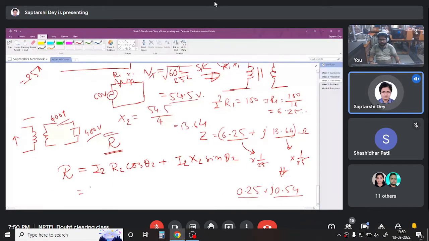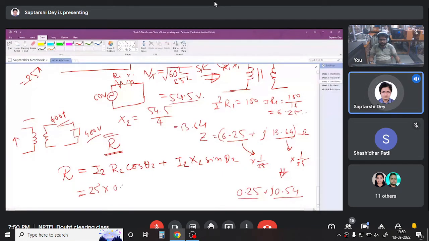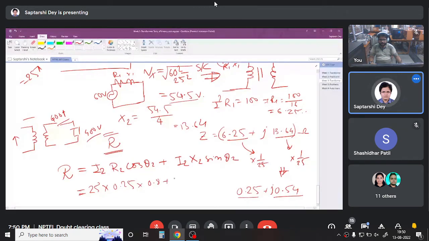So we have regulation of how much? 25 times 0.25 times 0.8 plus 25 times 0.54 times 0.6, which comes out to be 13.1 volt.